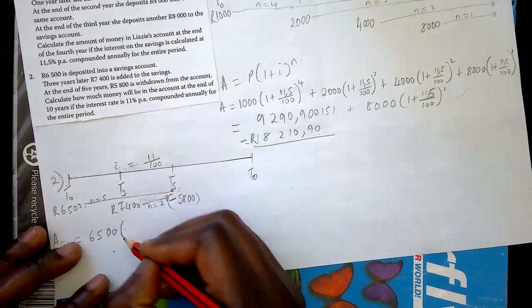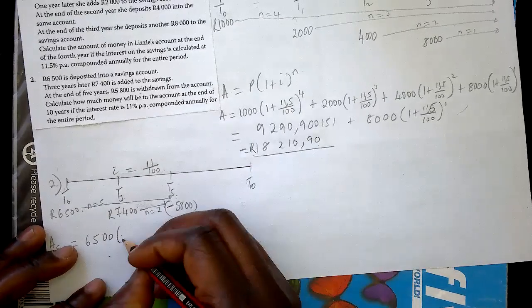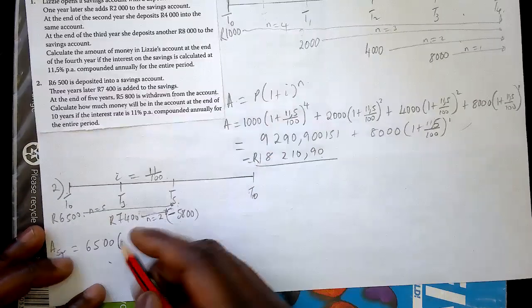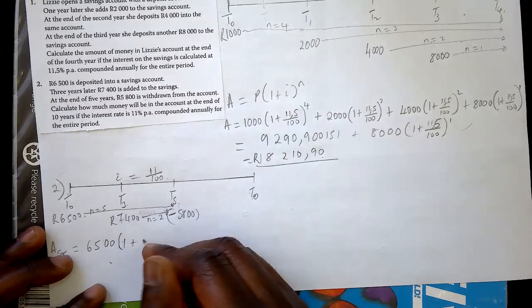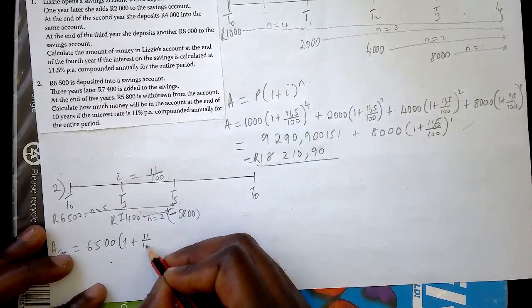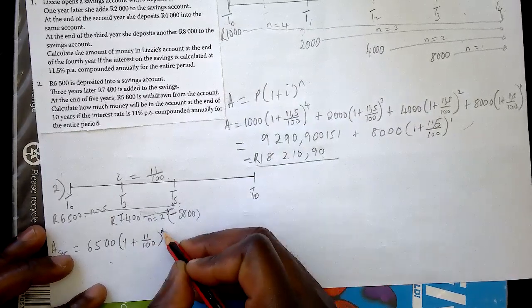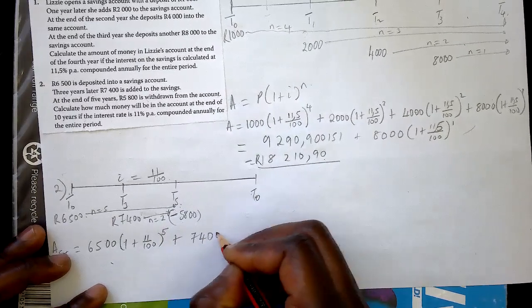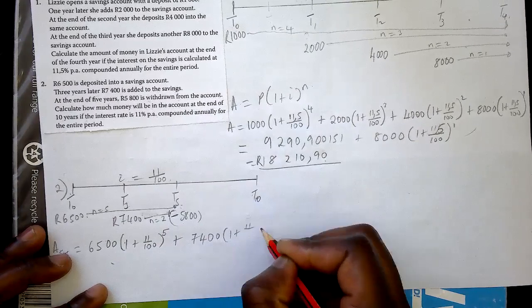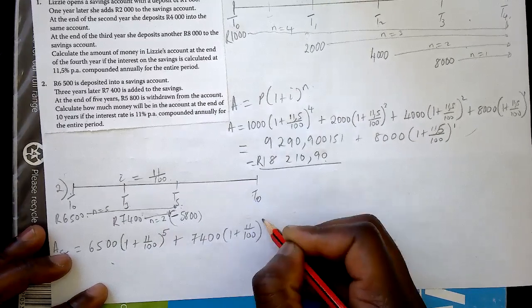Then in bracket, we are still using the same formula, A is equal to, which is the compound formula. What is our I? 1 plus 11 over 100 to the power of 5, plus 7,400, 1 plus 11 over 100 to the power of 2.